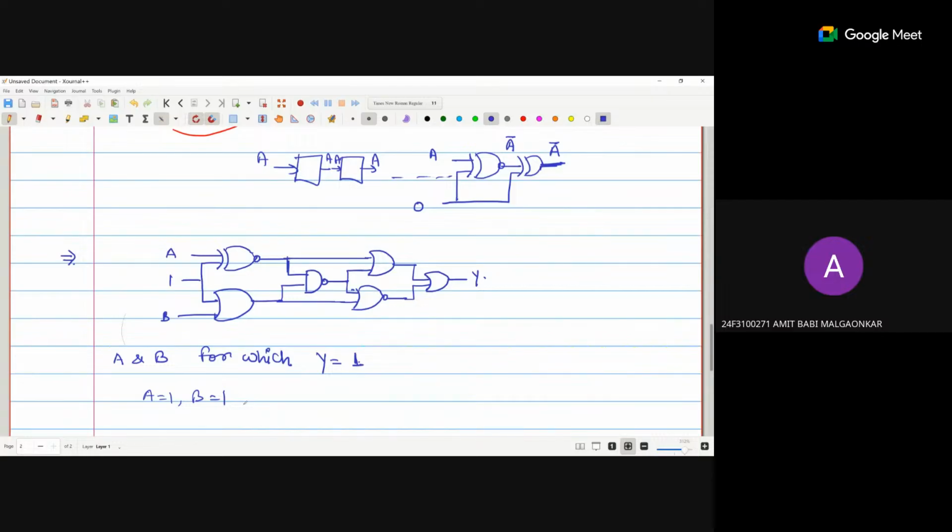So we are always getting 1. I think y is always 1, okay, for all cases.